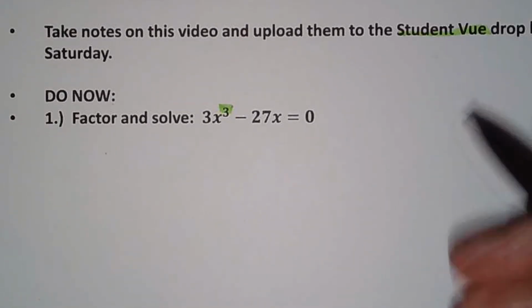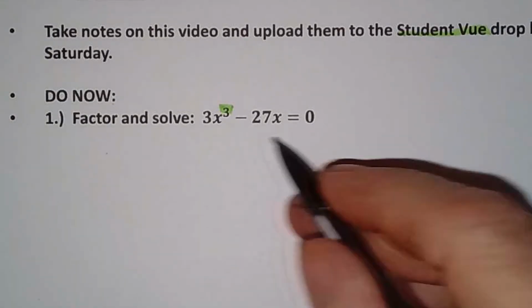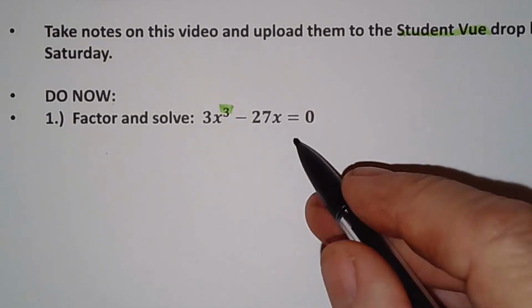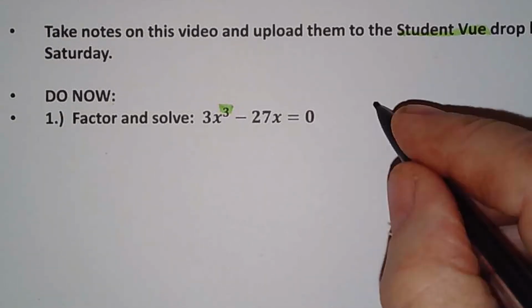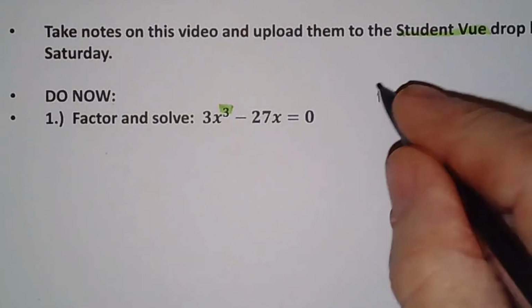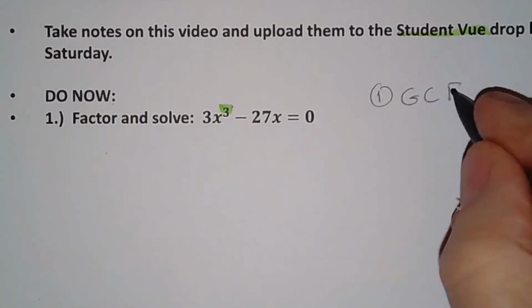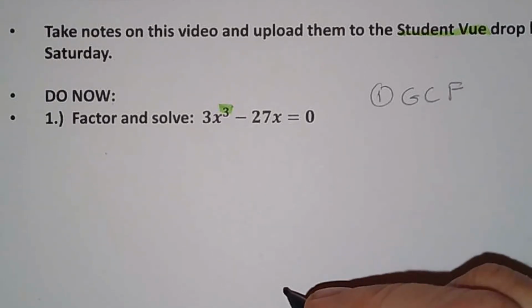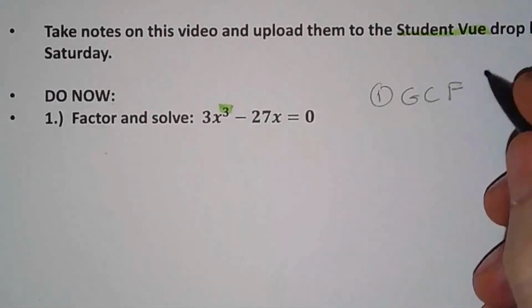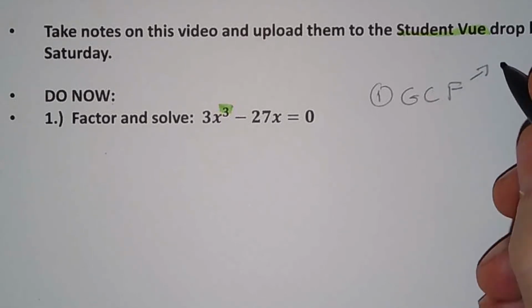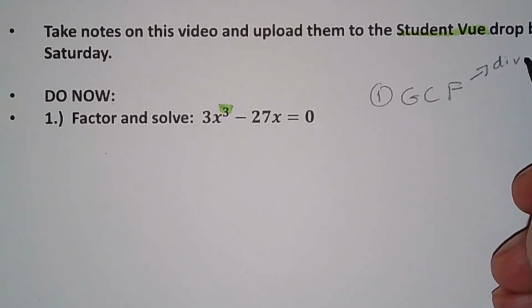We're going to start out with, first of all, looking at this. What can we factor out? Well, we can factor out the greatest common factor. So the first thing we want to do is the greatest common factor. And how do we do that? Well, we do it by dividing out whatever the greatest common factor is.